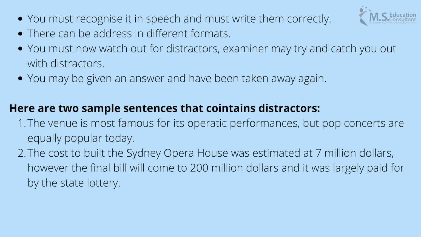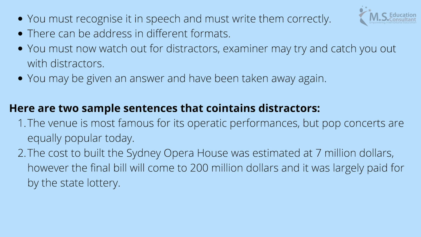The second one is, the cost to build Sydney Opera House was estimated at $7 million. However, the final bill will come to $102 million, and it was largely paid for by a state lottery. So the first part of this statement says the Sydney Opera House was estimated to cost $7 million.